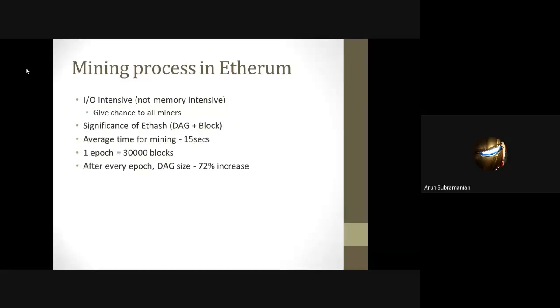If it can't fit that directed acyclic graph file into its memory, then it can't do any mining operation. So it can go off from that network, and it may find some other network where the directed acyclic graph fits for it. Why is this?